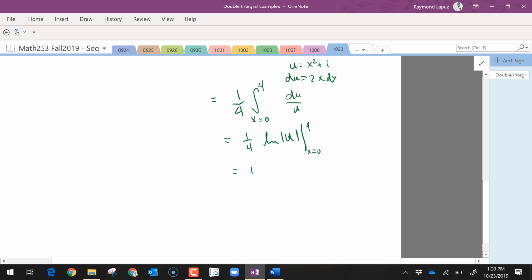So we'll put everything back in terms of x's. And then we'll put the 4 in and the 0 in. So ln of 4 squared is 16 plus 1 is 17, minus ln of 0 squared plus 1, ln of 1, is just 0. So I think this is all you have.